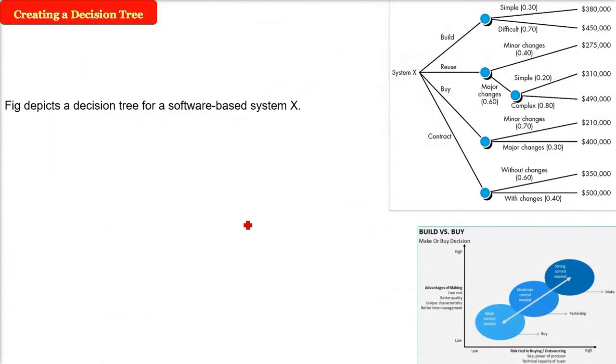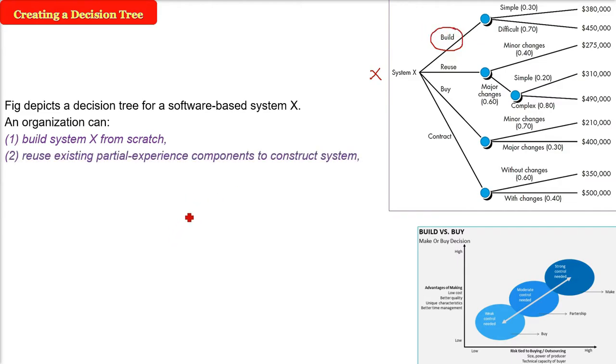So here you see a decision tree for a software based system. Let us say the software system is called X. What can an organization do? The first thing it can do is build this software X from scratch. Or the organization can reuse existing partial experience components to construct the system.